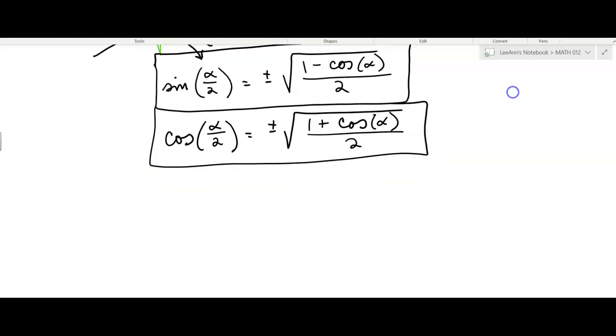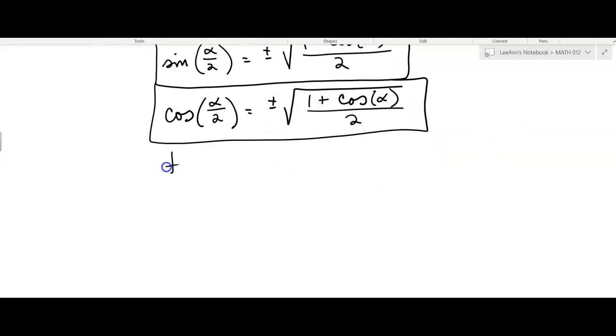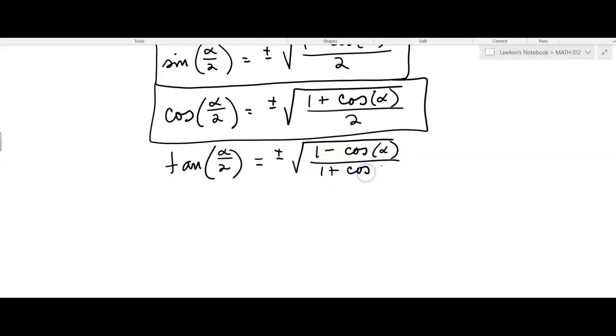And then the tangent, you could think about finding that. Tangent alpha over 2, you could take sine over cosine, and you're going to get plus or minus the square root of 1 minus cosine alpha over 1 plus cosine alpha. But they have 2 other alternate forms for tangent alpha over 2.